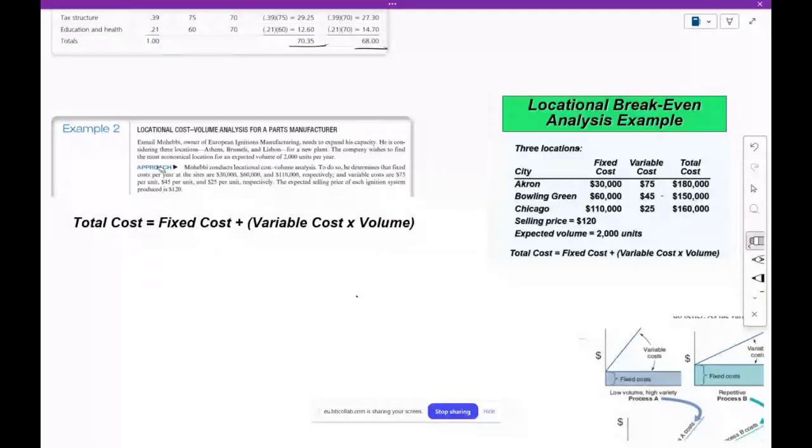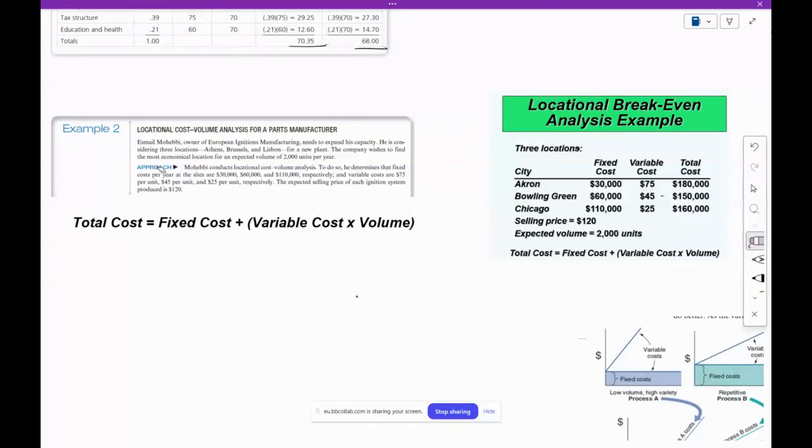So now we have Mohebi, owner of European Ignition Manufacturing, needs to expand his capacity. He is considering 3 locations. You see now, the alternatives we used were not looking at locations. Now, the alternatives that we're looking at are focusing on locations.